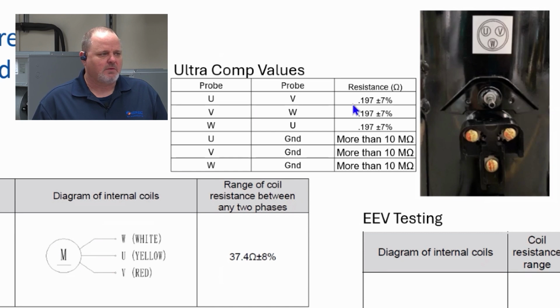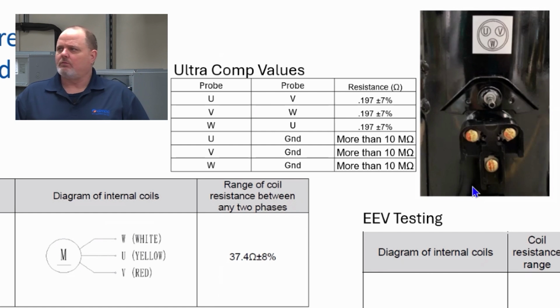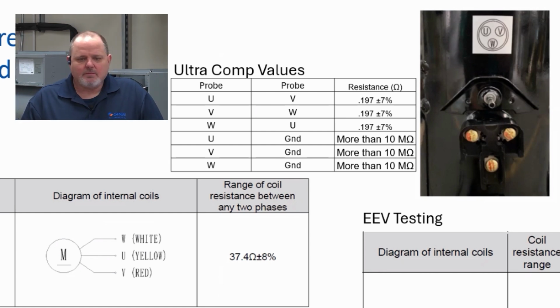I'm not worried about whether or not you get 0.197 plus or minus 7%. What I'm worried about, this is a three-phase motor. When I measure the resistance from that terminal to that terminal, and then from that terminal to that terminal, and then from that terminal to that terminal, no matter how I do this, I should have equal resistance. Typically, it's around 2 ohms, within 1/10 of an ohm. That's the way I've always done it. So if I measure across these and I get 2, 2, 2.1, I'm done. The compressor's fine.